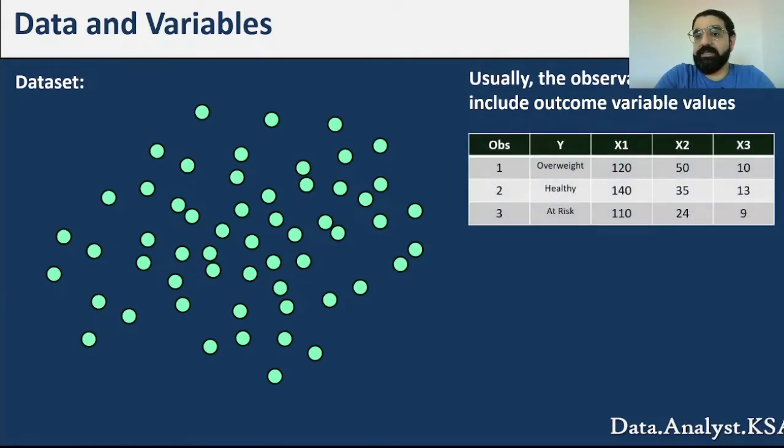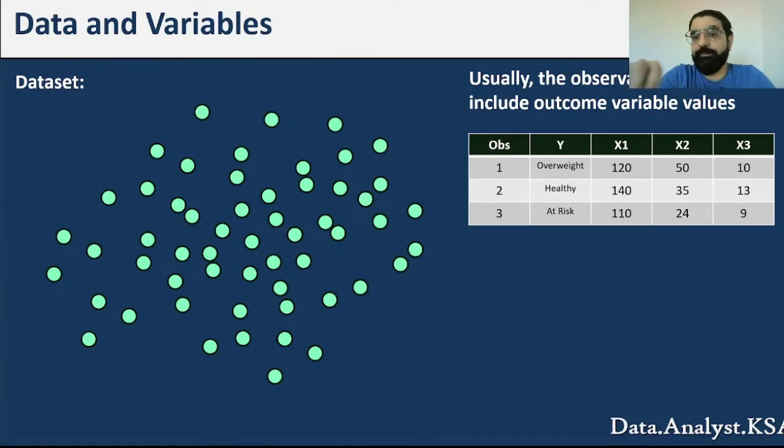So if we take the same observations, let's say we had an outcome variable from x1, x2, x3 as independent variables, and our outcome variable y was to describe the weight status of that person, if he's overweight or she's healthy or he's at risk or not. And from the covariates that are given with every observation, there is an outcome associated with that observation.